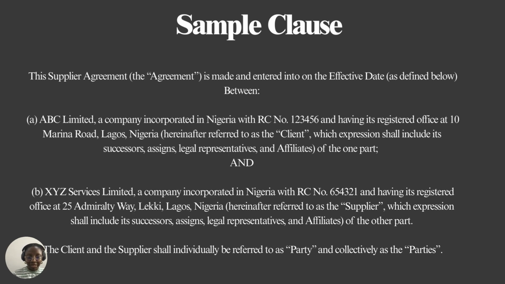So this is very important because in the agreement, every time you want to talk about ABC, would you be saying ABC Limited, ABC Limited? Now you don't want your agreement to be clumsy. You don't want it to just look like it wasn't prepared by a lawyer. So you define it. You say hereinafter referred to as the client, which expression shall include its successors, assigns, legal representatives, and Affiliates.